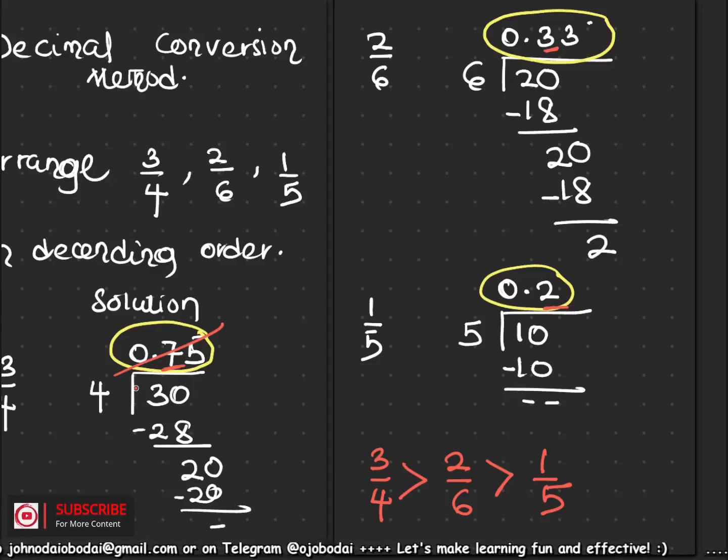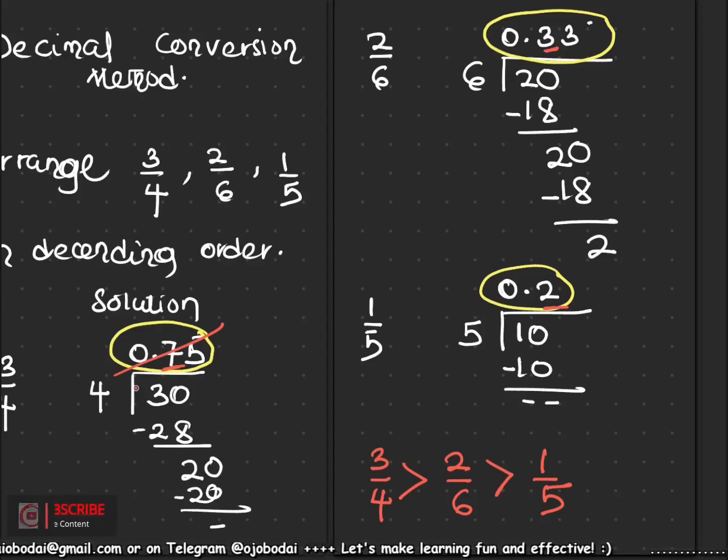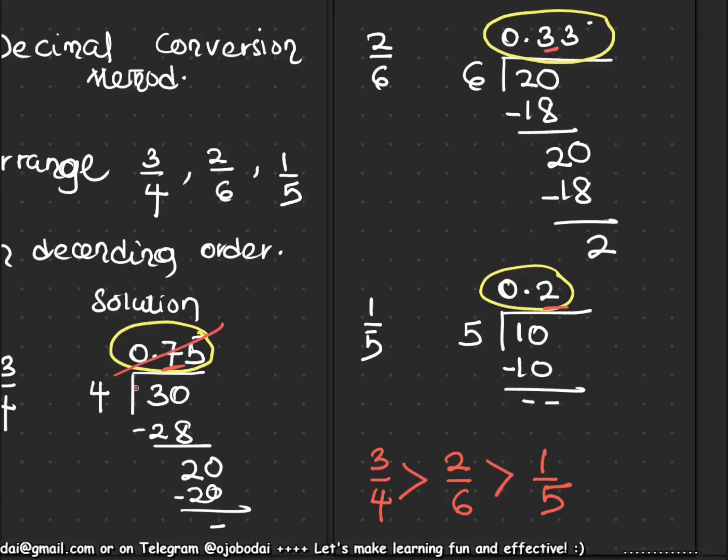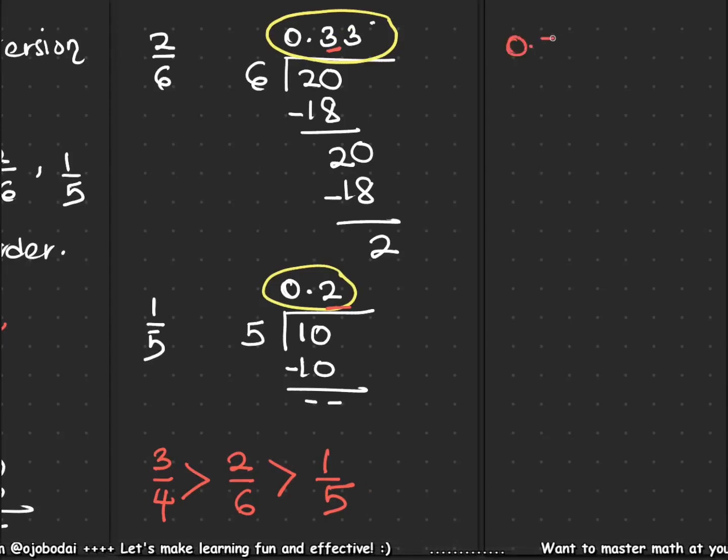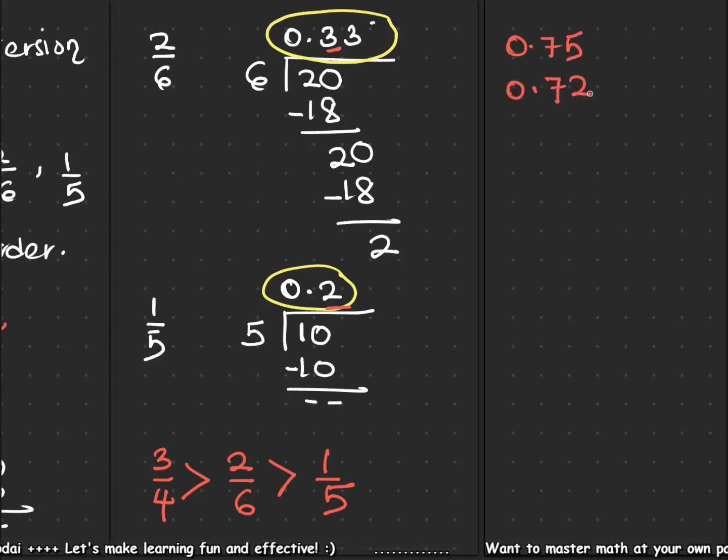their decimal representations, after which you compare the digits. If you have numbers that have the same digit in the first place, so let's say 0.75 and 0.72, as you can see, the first digit is the same.